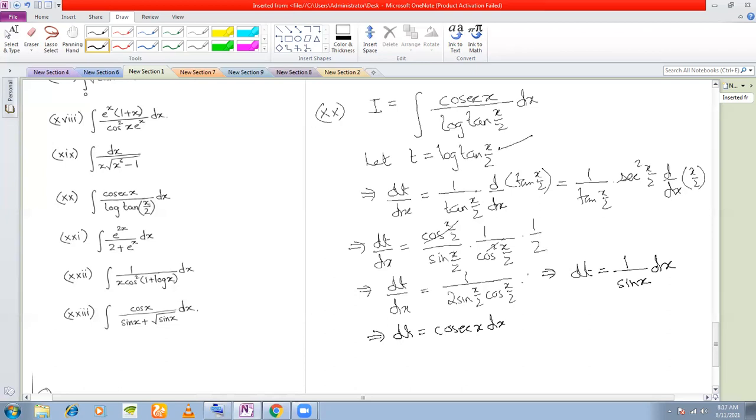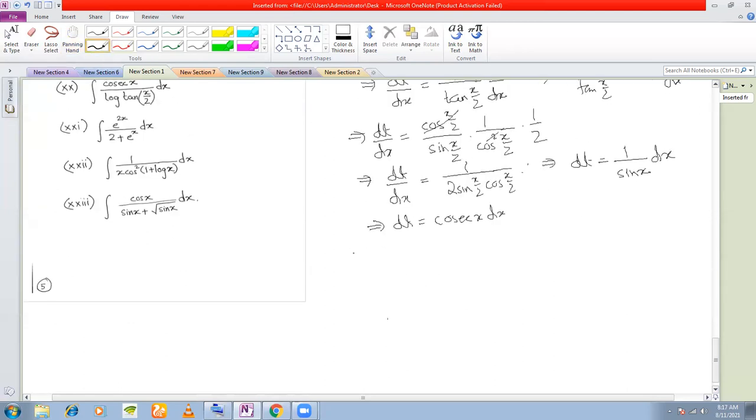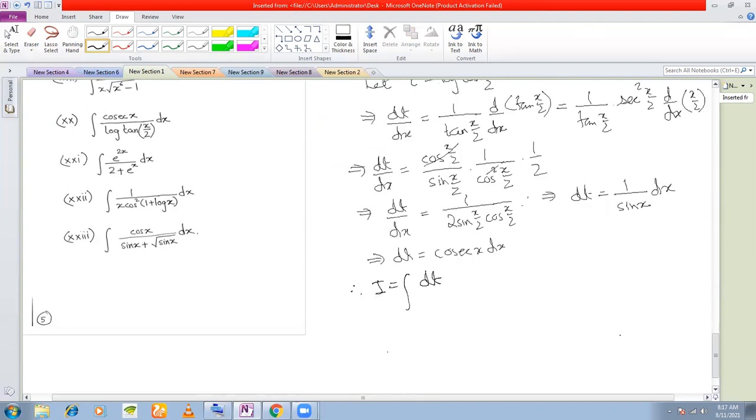When I differentiated the denominator, I actually got the numerator as cosec x. So once I get this, therefore, I becomes integral dt by t.